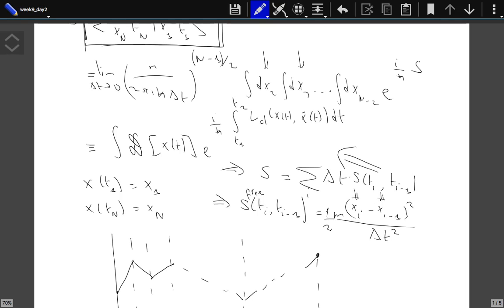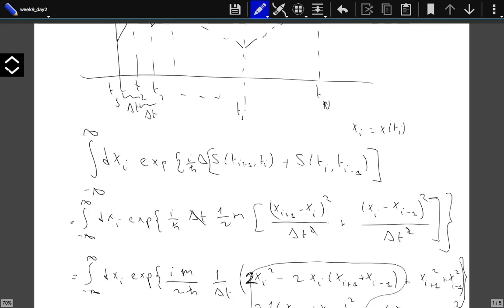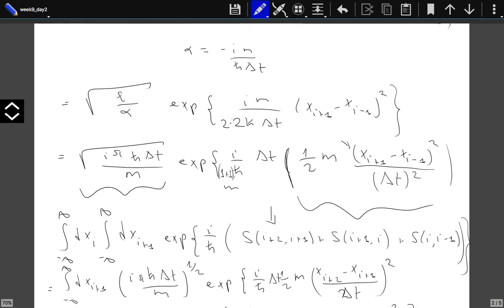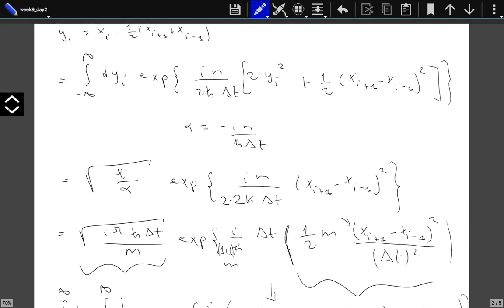I don't know if I'm answering your question, but when I evaluate the xi integral, just an arbitrary one of those many integrals, the end result is basically a similar integrand. Again, I still have to evaluate over xi, xi plus 1, xi plus 2, xi plus 3, xi minus 1, etc. I have to evaluate over all of them.